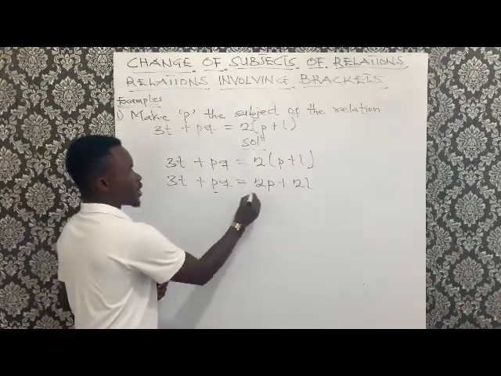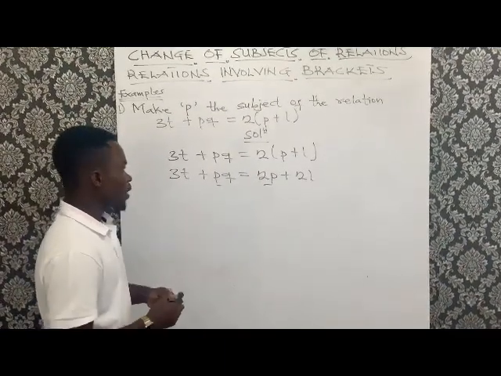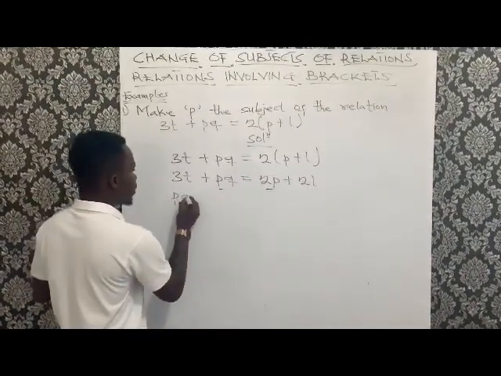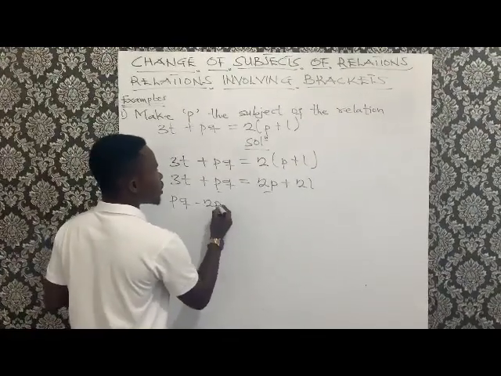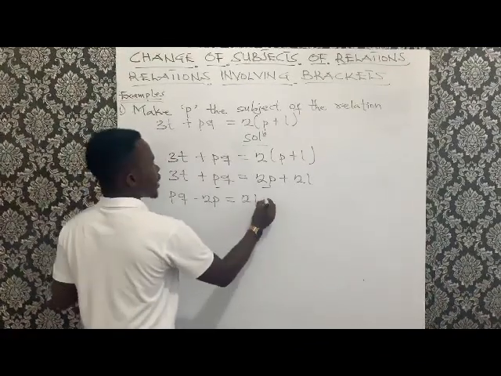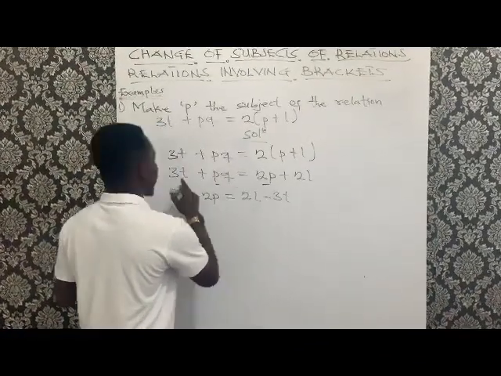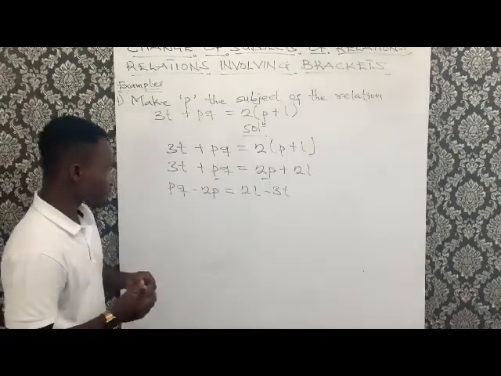There's p here, there's p here. So we have pq minus 2p equals 2l minus 3t. We subtract 3t from 2l since it is positive.